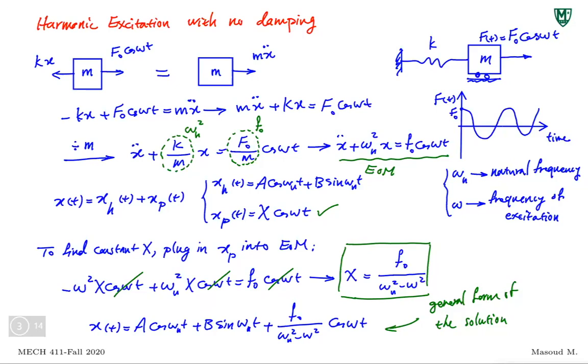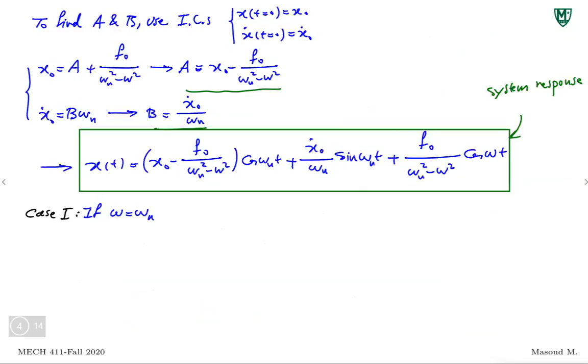You always avoid that. If it happens, that's not the right general form of solution to choose. So when omega is equal to omega n, x_p(t) equals x cosine omega t is not a correct suggested particular solution. So what do we do? We have to provide a new suggested solution.